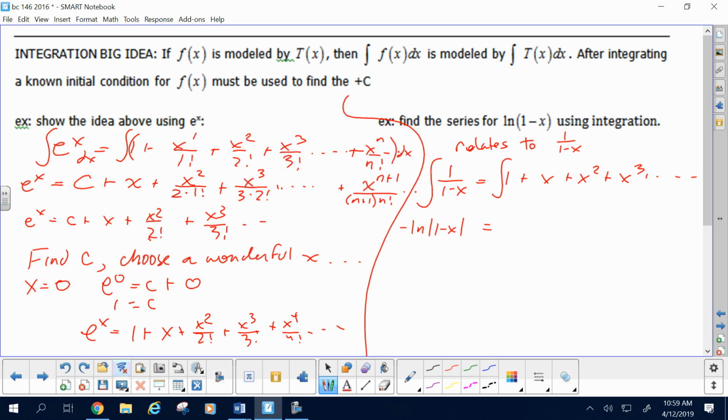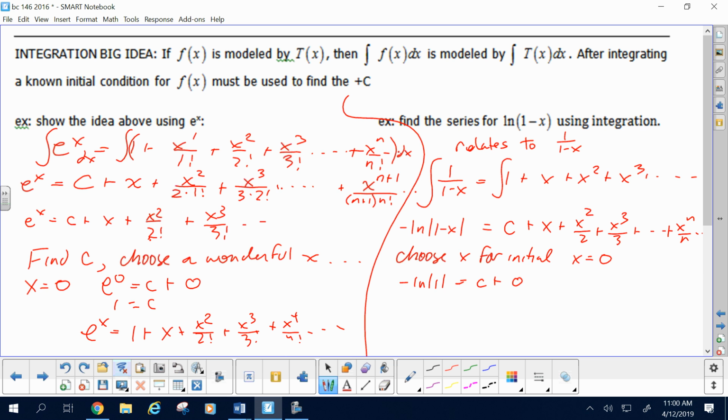And if I integrate the right side, it's c plus x plus x squared over 2 plus x cubed over 3 plus x to the n over n, generally speaking. Okay? What's a good initial? You're going to choose your own initial. Choose an x for the initial condition. An x of 0. The natural log of 1 on the left equals c plus a bunch of zeros.